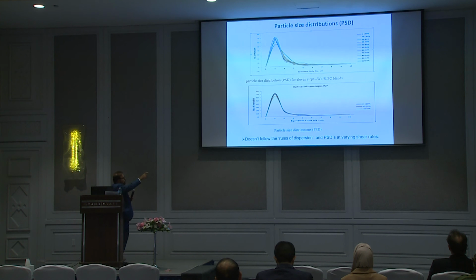You can see, for example, at number 2, the average diameter is about 2 micron of the pigment, and the number of particles, the highest is the blue one. It means that when the polycarbonate content is 0 to 100, it shows the highest number of particles.